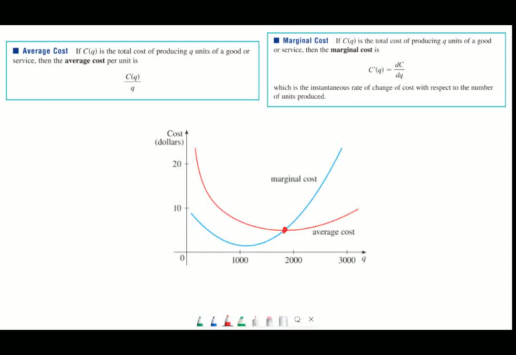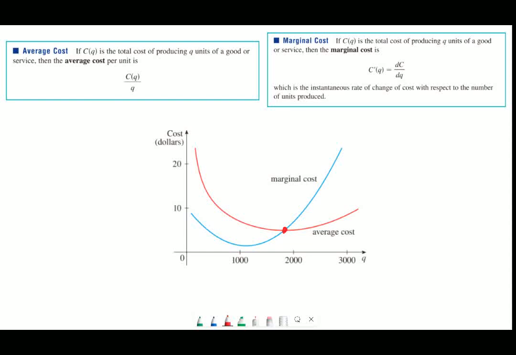Another very useful technique is by setting the marginal cost equal to the average cost. And what you'll notice is when my marginal cost and average cost cross, that is the lowest value of the average cost per unit. So we're going to do that.